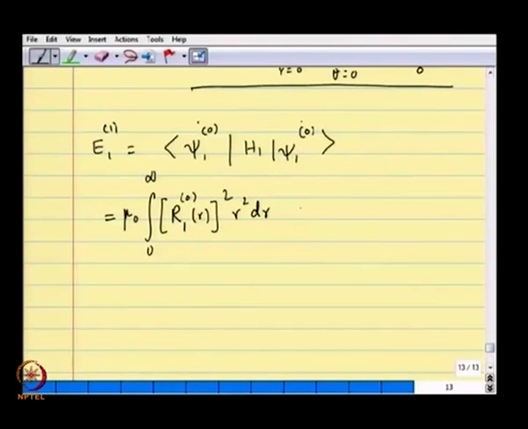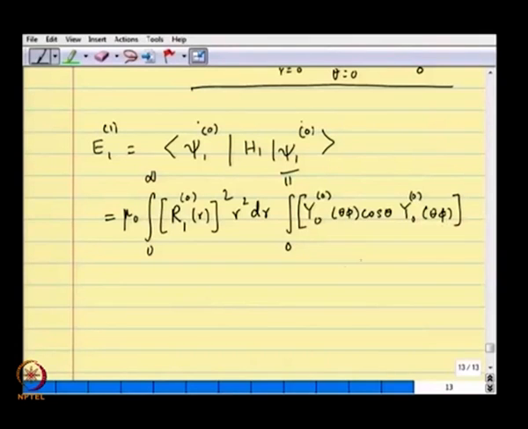Then followed by the integral 0 to pi, we have Ylm Y00 theta phi cos theta Y00 theta phi.